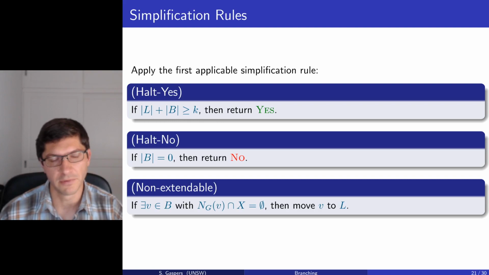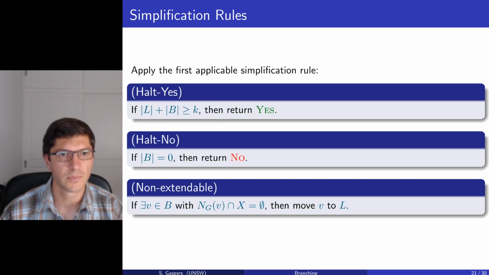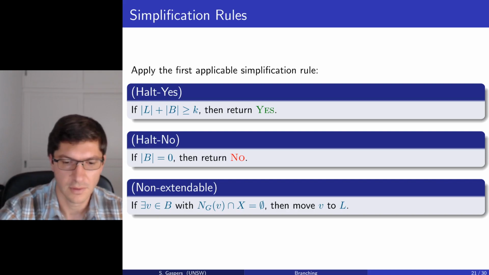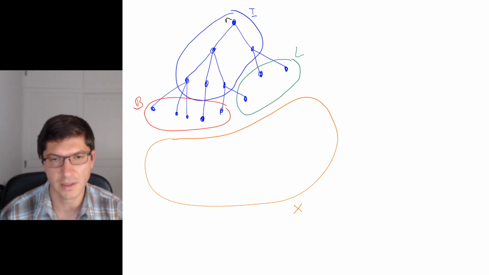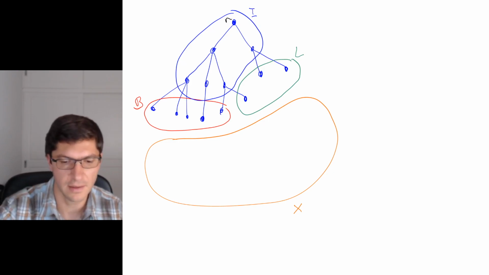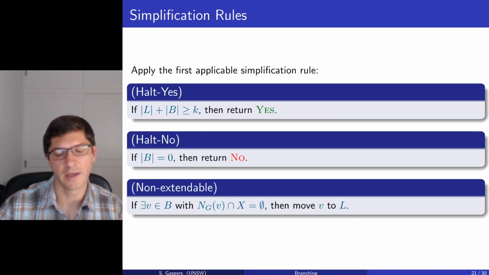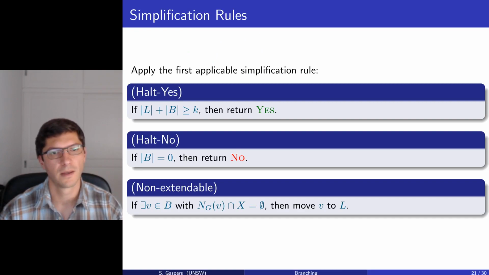So we can start with our simplification rules, or the halting rules, first. If this blue tree here has already k leaves, then we are done. So if the size of B plus the size of L is at least k, then we can stop and return yes. Otherwise, if the previous rule did not apply and the number of branching nodes is 0, then we will not be able to extend the tree. So we are stuck. We don't have enough leaves yet.